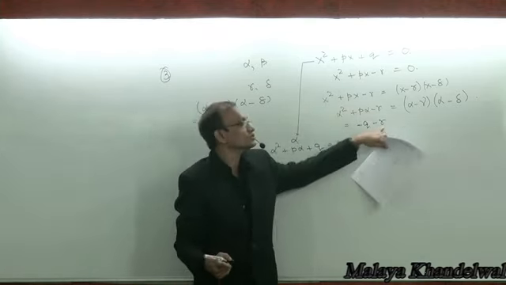So alpha beta I can write as minus 7 by 4, and alpha plus beta I can write as 3. So the required equation is x squared minus 3x minus 7 by 4 equal to 0, or 4x squared minus 12x minus 7 is 0. Right?